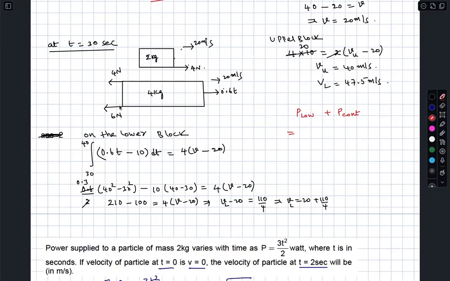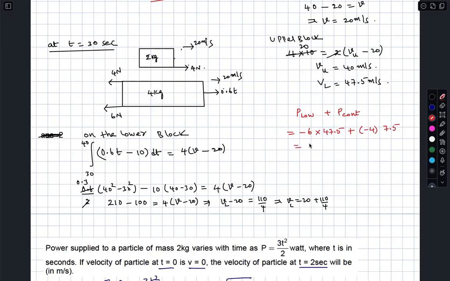This is 6 newtons minus 6 into 47.5, plus at the contact point, simply do one thing, relative: minus 4 into relative, which is 7.5. Now this is what you have.